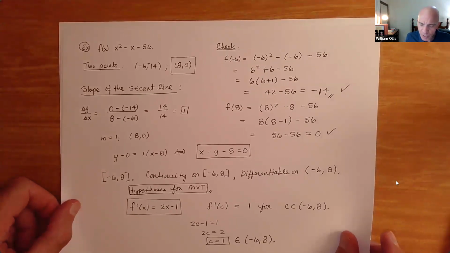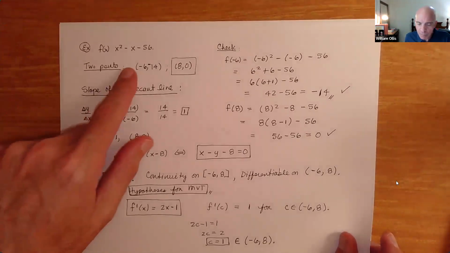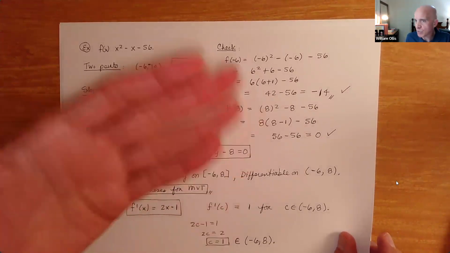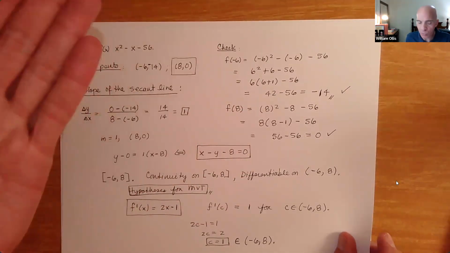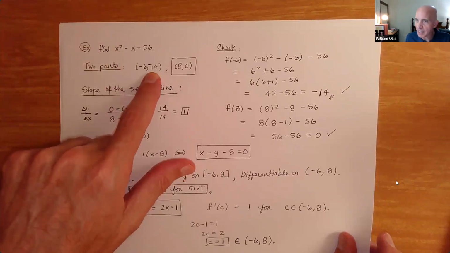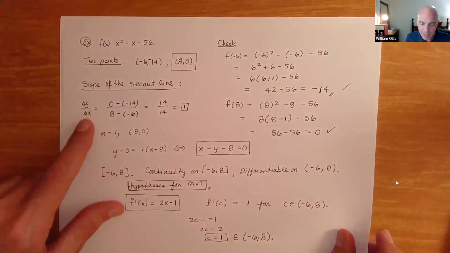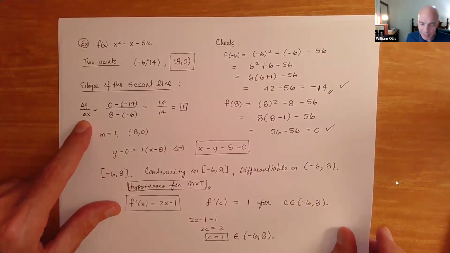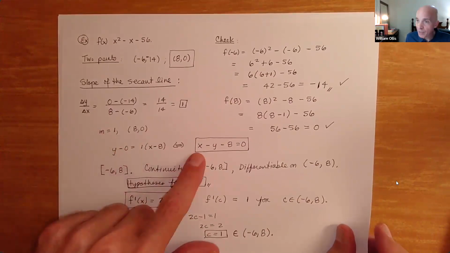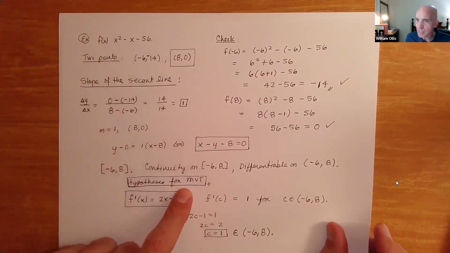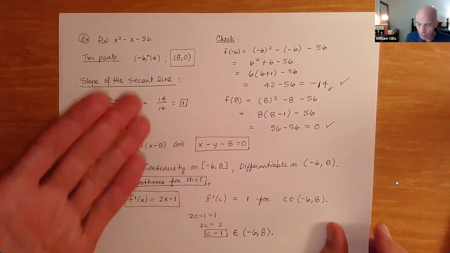So just remember, when we look at this particular example, just like Rolle's theorem, the check of the numbers is always good, just to make sure you have points on the curve, as a check for accuracy. Just like needing the negative 14 here to make sure that we actually do have a point on the curve. Then checking for the slope of the secant line, writing that equation with simple point-slope, and then going back to check the hypotheses of the theorem, making sure they're satisfied.